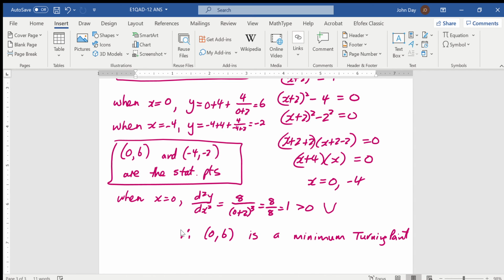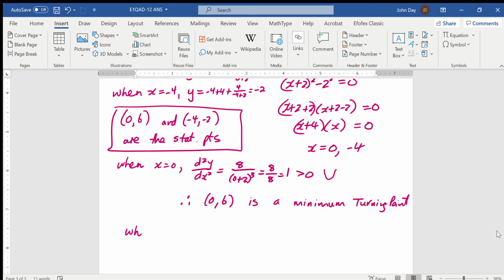Okay, and then what about when it's minus 4? When x equals minus 4, what's happening with that second derivative? Well, it's 8 on (minus 4 plus 2) cubed, which is 8 on (minus 2) cubed, which is 8 on minus 8, which is minus 1, which is less than 0.